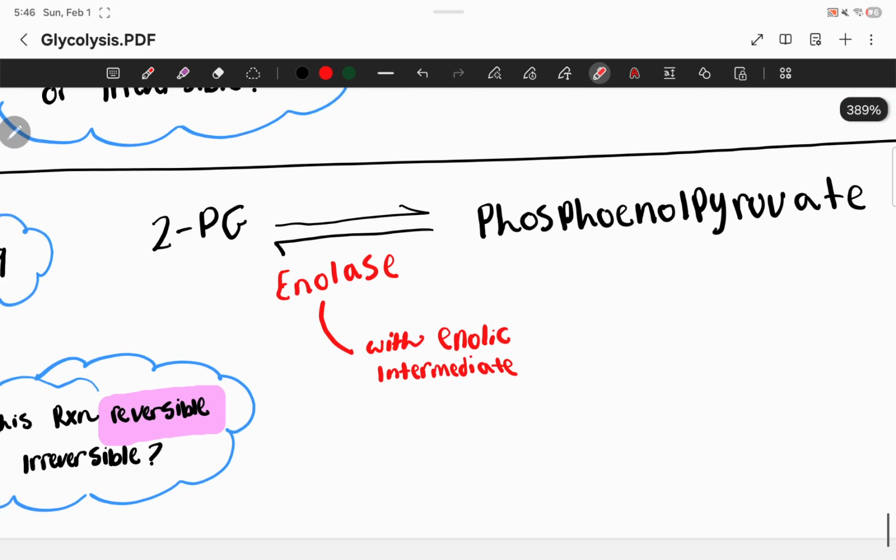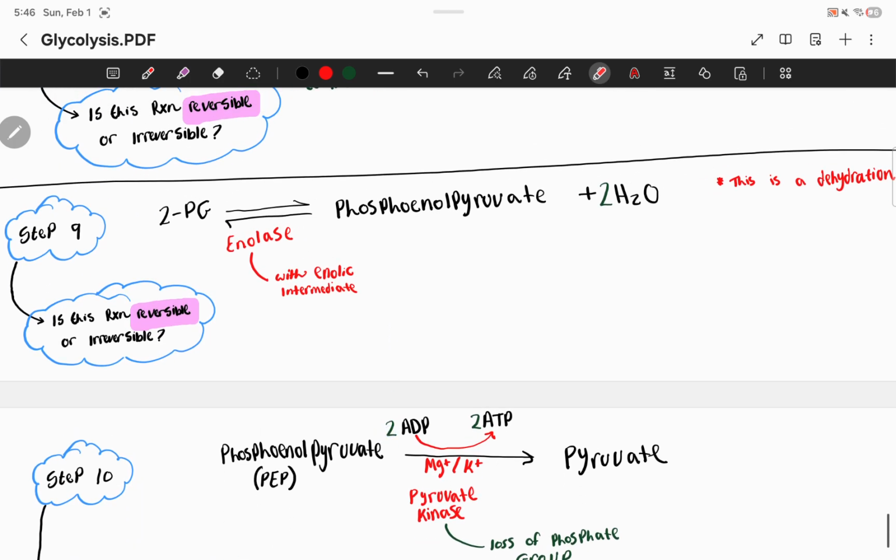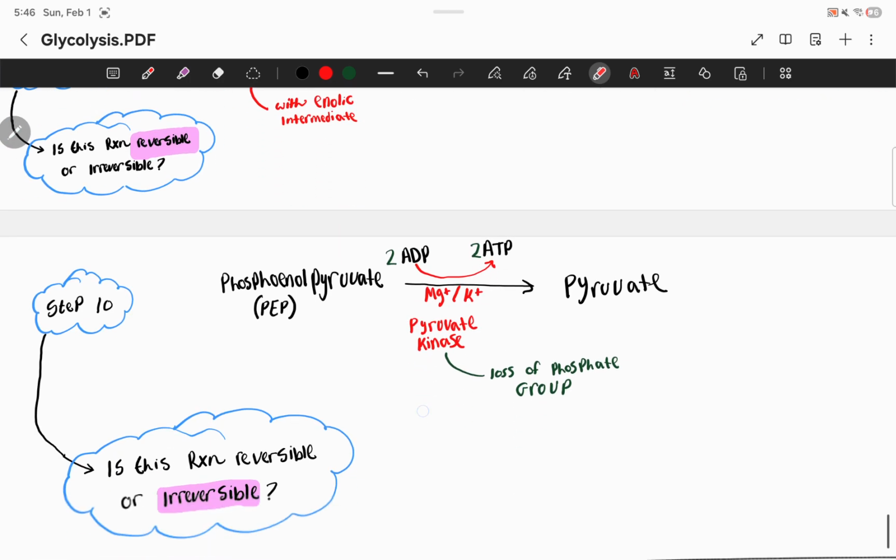The enzyme that is used is enolase, because we have enol right here. When we go through this reaction, it has an intermediate known as the enolic intermediate, just to let you know. But it's very fast, so it goes directly, skipping the intermediate.